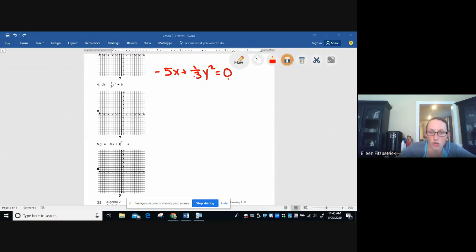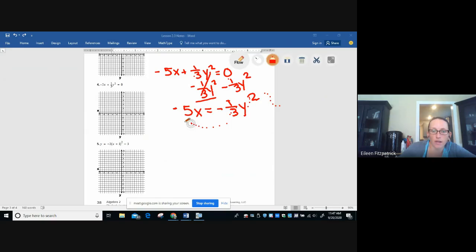All right, let's try again.) So I have negative 5x is equal to negative 1/3 y squared. Okay. Then I'm going to divide both sides by negative 5.